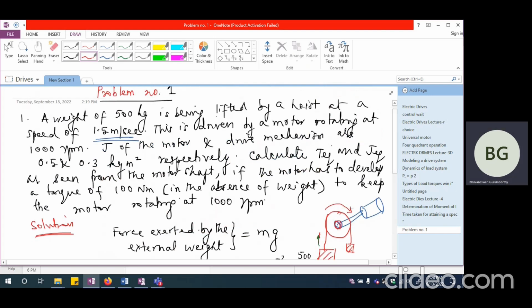And it is already given that if the motor has to rotate even in the absence of the weight, if it has to rotate at 1000 RPM, the torque to be developed is 100 Newton meter by the mechanism.